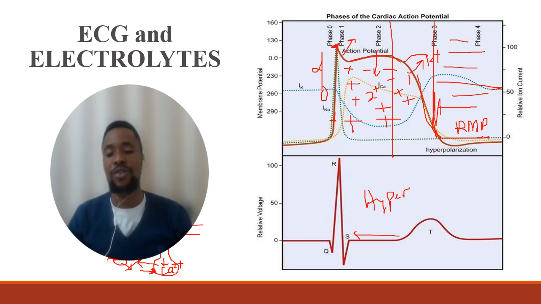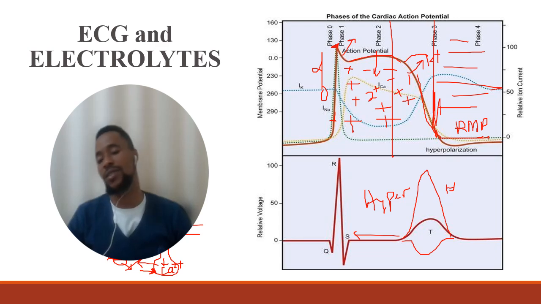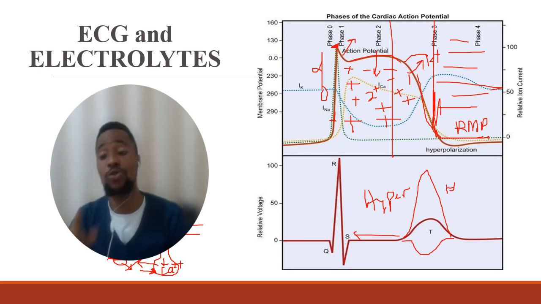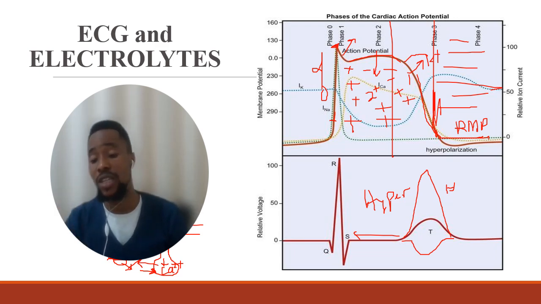Now your T wave, if it's tall and pointed like this, you'll be thinking of hyperkalemia. Kalemia, that is potassium level. Now when it is inverted or flat, you'll be thinking of hypokalemia. So all these things can help you in electrolyte level, but it's not a diagnostic tool for electrolytes because most times, even in severe hypokalemia, you can have a U wave.